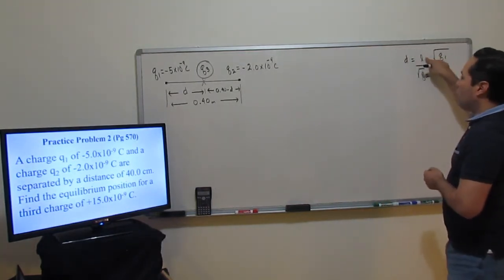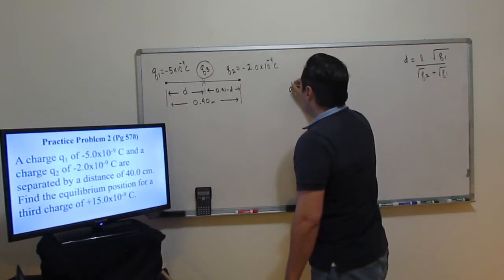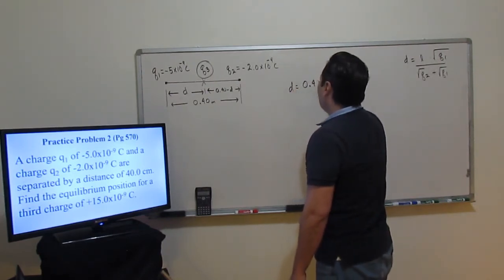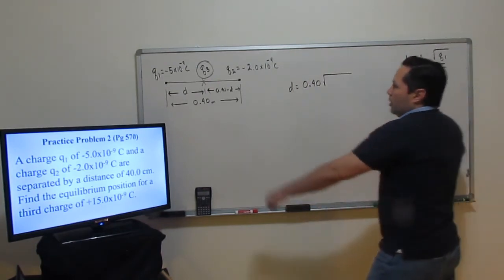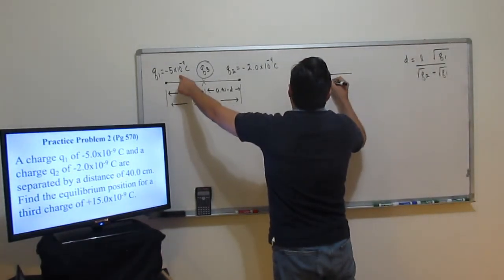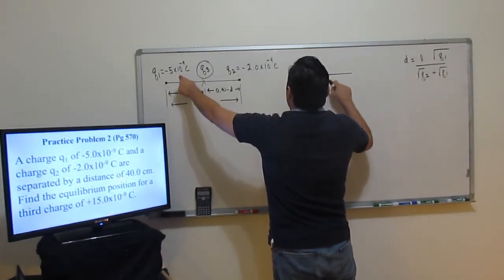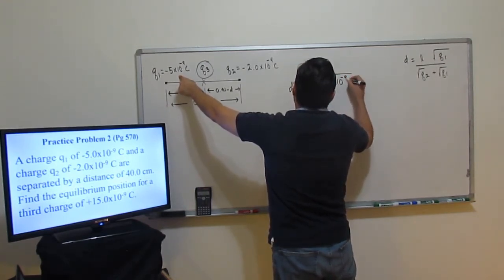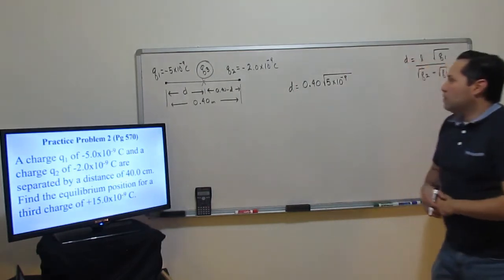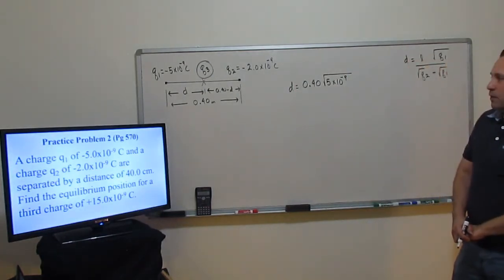So the length is going to be 0.4 meters. So it will look like this. D equals 0.4 meters multiplied times the square root of Q1. Q1 is, we're going to drop the negative because we don't want any imaginary numbers, square root of 5 times 10 to the negative 9.